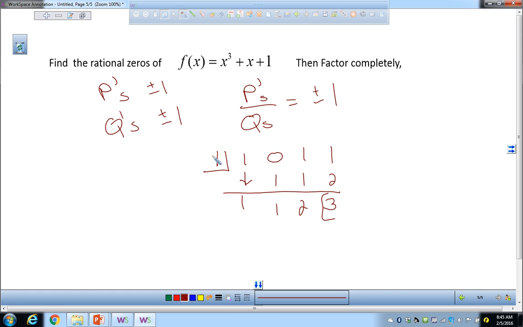So what am I going to try instead? Negative 1. Now I'm going to try negative 1. Bring this straight down. That would turn that into a negative, right? This times negative 1 makes positive 1. 0 plus negative 1 times negative 1 makes positive 1. 1 plus 1 makes 2.